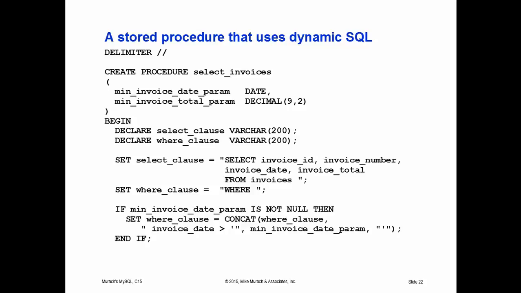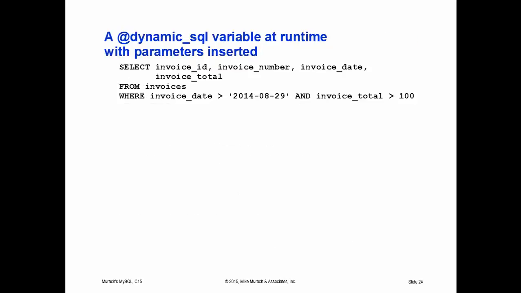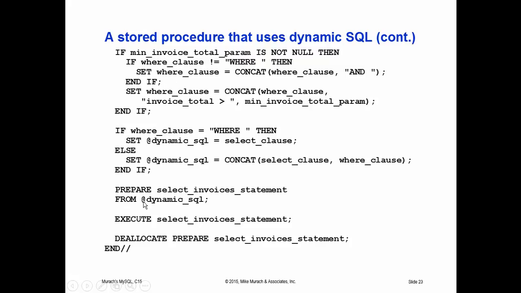So what you'd like to do with dynamic SQL is write code and be able to pass in different data. So as it says, an @dynamic SQL variable at runtime. And there's an example of it right here.